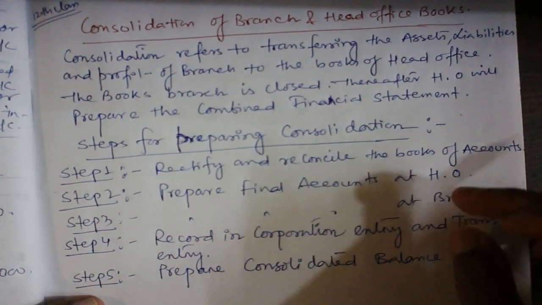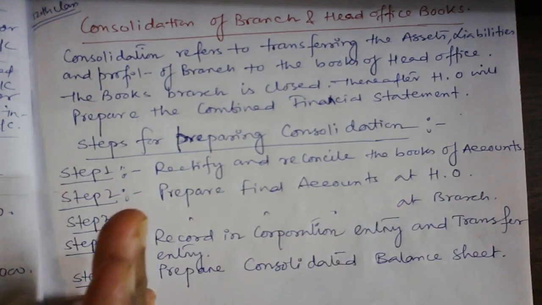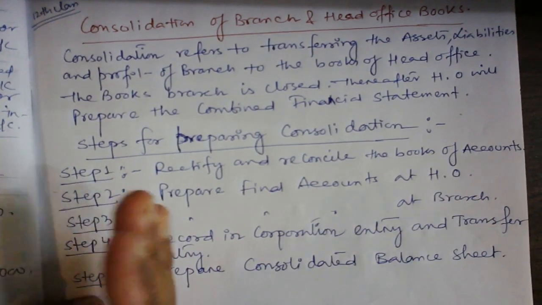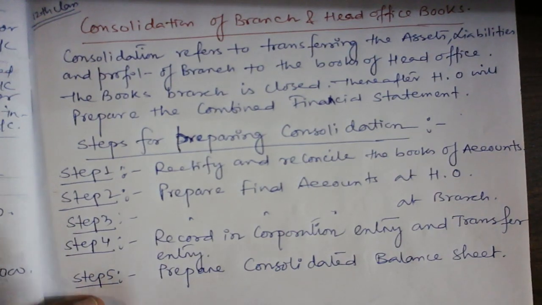That's why first we need to do this. Then we incorporate all the entries required to be incorporated, and we transfer the balance from the branch to HO, and then we make the consolidated balance sheet and the P&L in the books of HO, because HO is the only final authority who prepares the consolidated financial statement, not the branch.